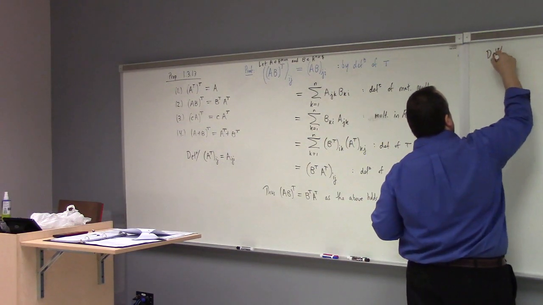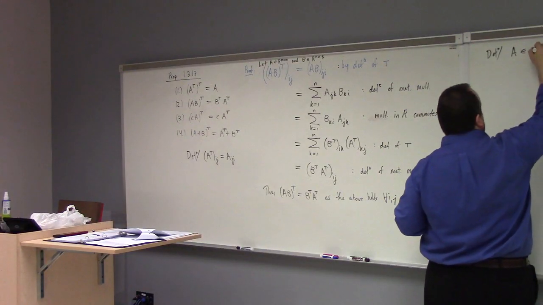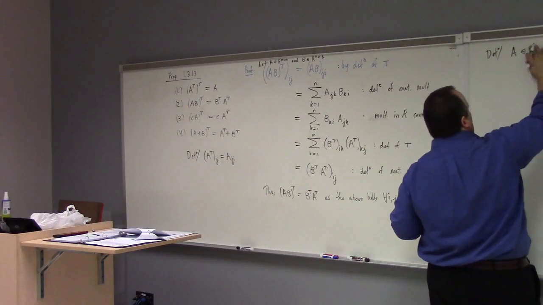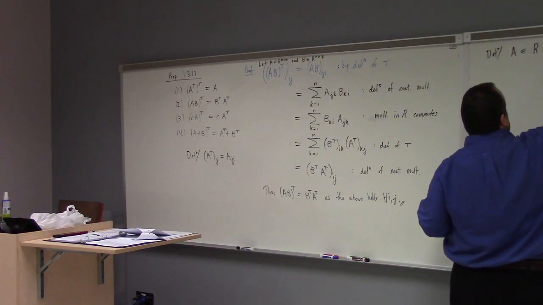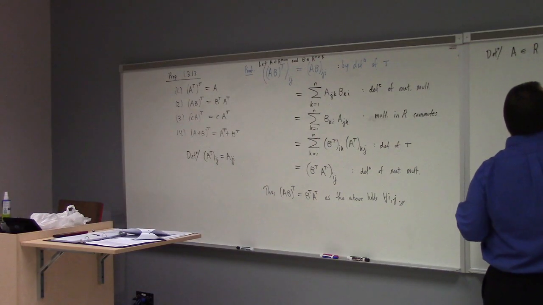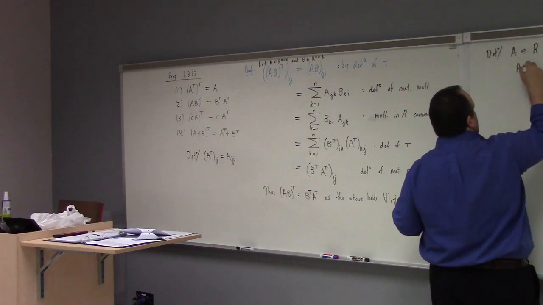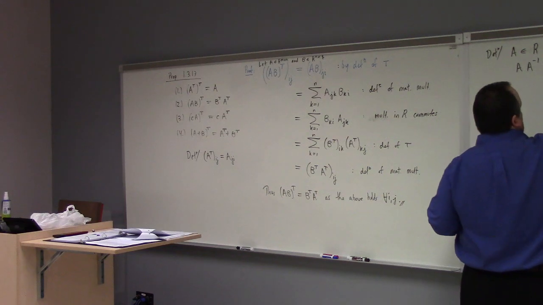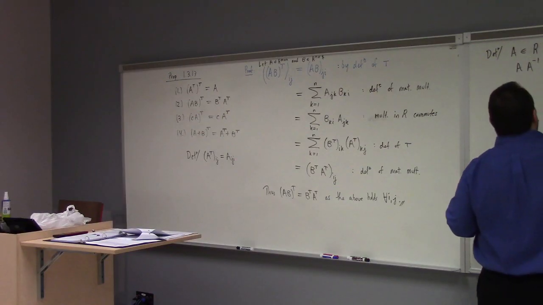Definition: A in R^{n by n}, I'm still in R, my bad. A in a commutative ring with unity again has an inverse, which we denote A inverse, if A times A inverse is equal to the identity matrix and A inverse times A is equal to the identity matrix, right?